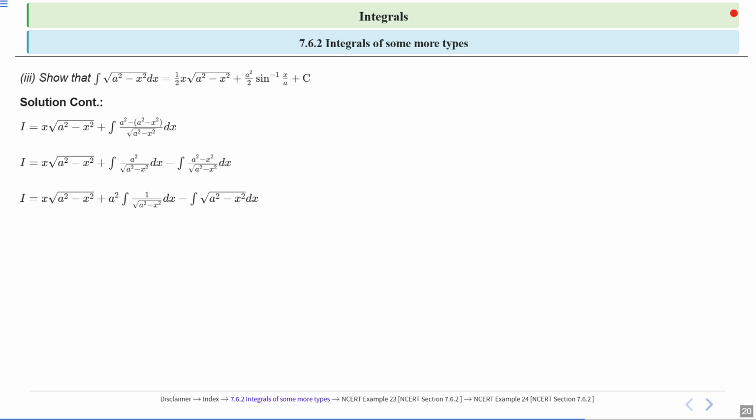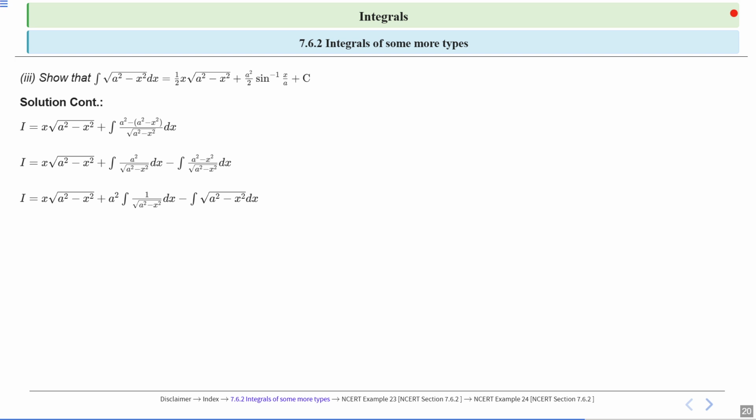So I becomes x into root under a square minus x square plus a square integration of 1 by root under a square minus x square dx minus integration of root under a square minus x square dx.